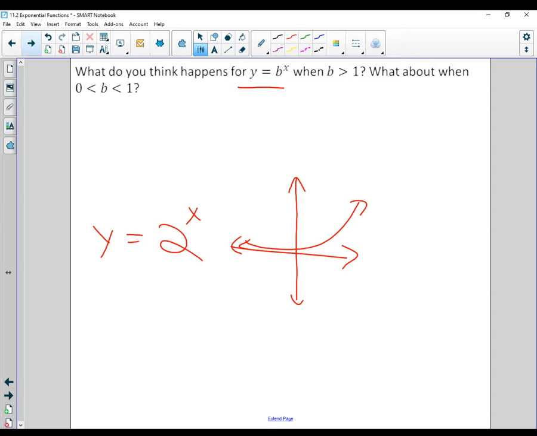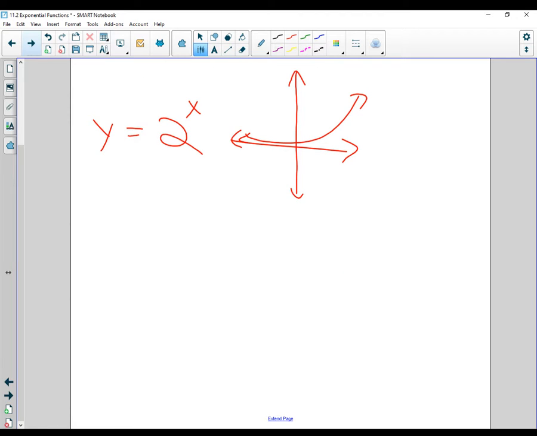What happens if b is between 0 and 1? We said it can't be negative, but what if b is 0.5? Start plugging in values in your head. When x is 0, what is y? Still 1. That's the same.